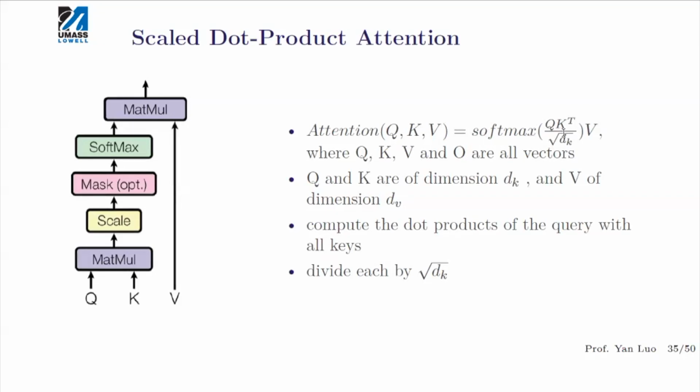With the dot product scaled by the square root of the dimension of vector k, we can reduce the absolute value of that dot product, so that the softmax function produces a more reasonable range of probabilities or weights.